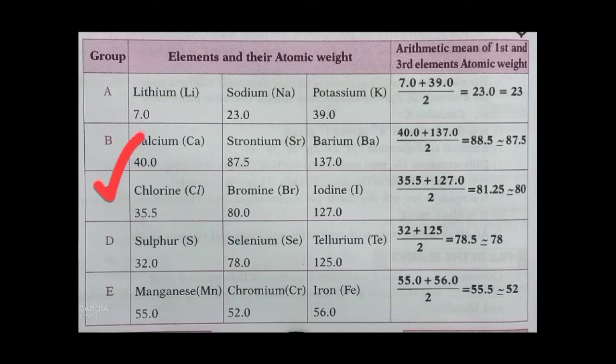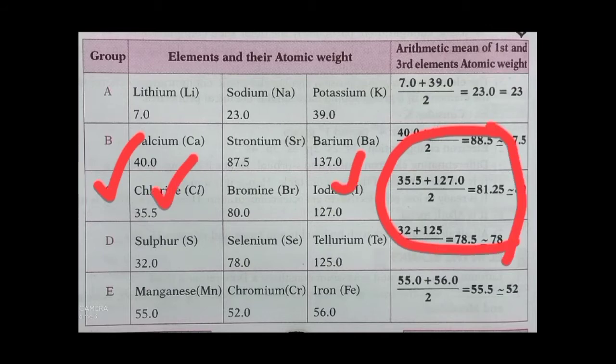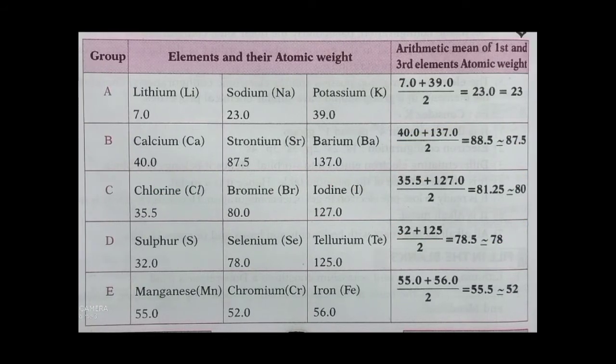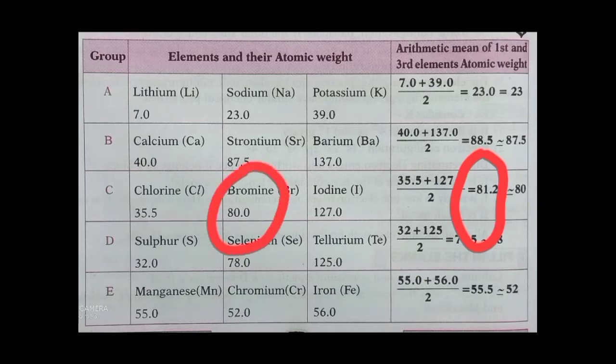Now I am applying the same method for the third group. If you calculate the arithmetic mean of the first and the third element, the arithmetic mean is 81.25 only. But here the bromine's atomic weight is 80. So we are not getting that middle element's atomic weight.